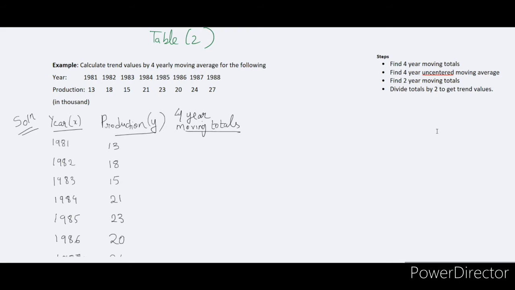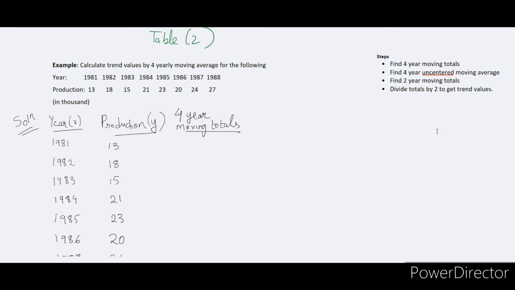when we find the total, it will lie in between the middle years of a group. Let's say for the first group, 1981, 82, 83, 84, the middle years are 1982 and 83. The 4-year moving total will lie between 82 and 83.